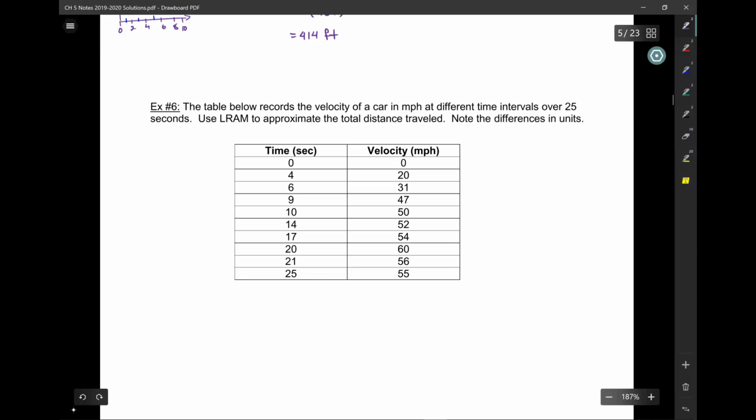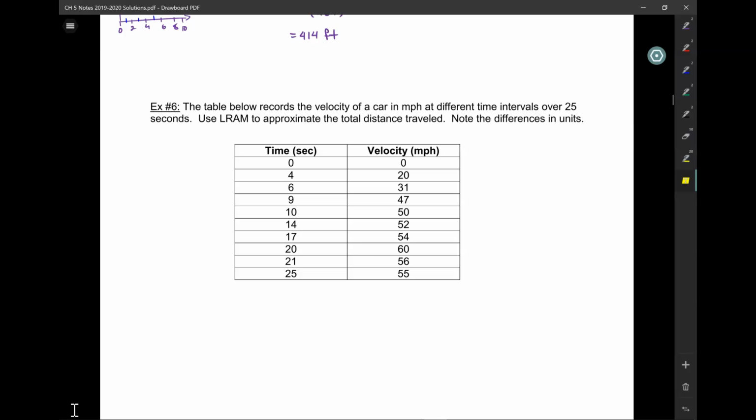This table records the velocity of a car in miles per hour at different time intervals over 25 seconds. Okay. So here, this is what is important here. You missed the 3 most important words in my sentence here.